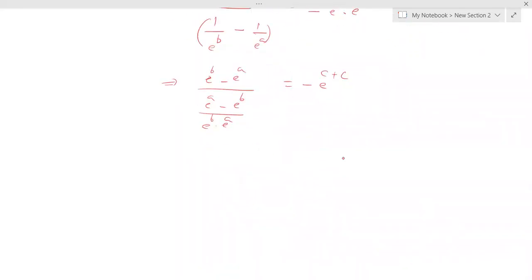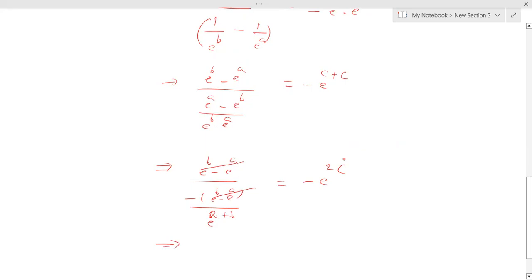Both have the same base, so powers are added. So that implies e power b minus e power a by, taking a minus sign common, e power b minus e power a by the denominator. Bases are equal, powers are added: a plus b or b plus a, both are same, minus e power 2c. These factors both are cancelled.